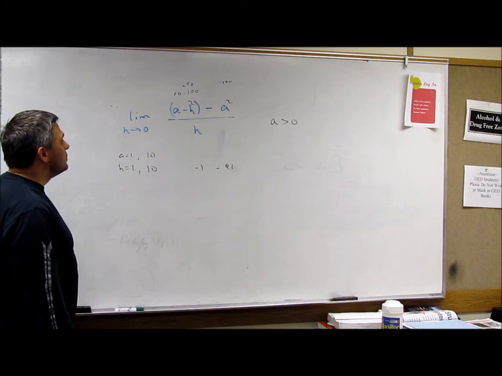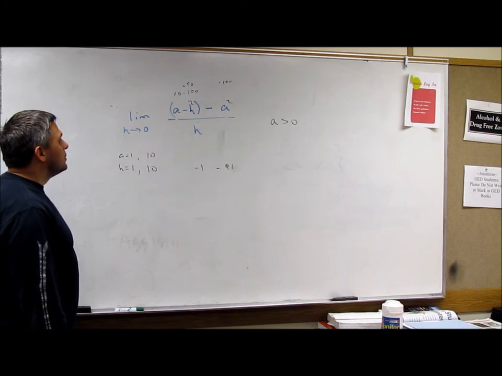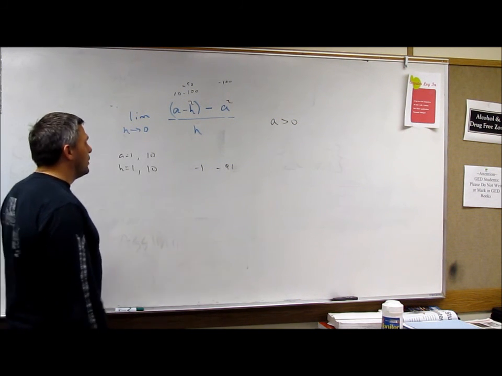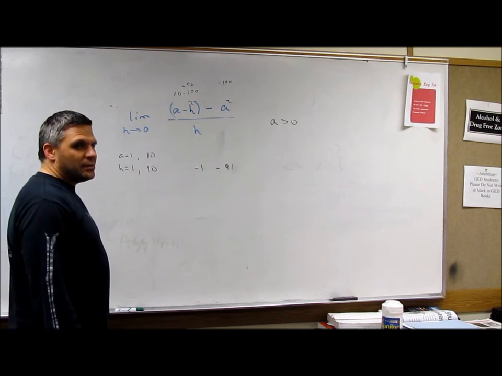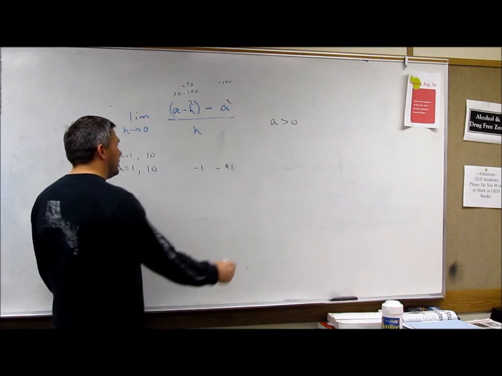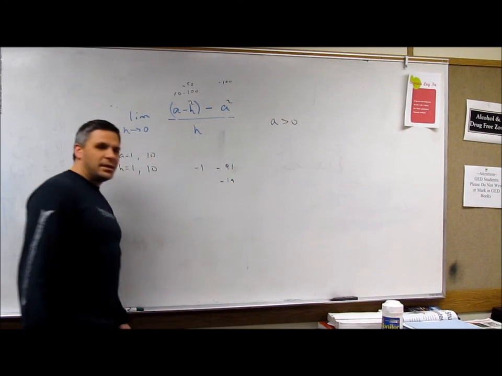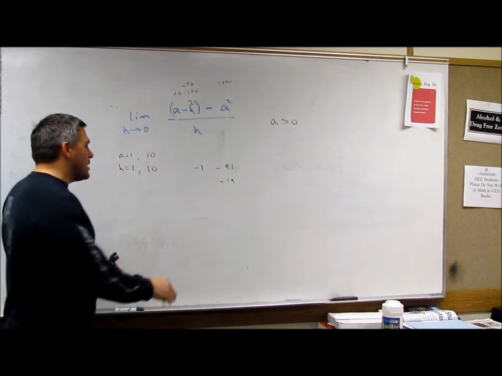Minus 190. Over 10, which would mean negative 19. Okay? So it's staying negative, right?